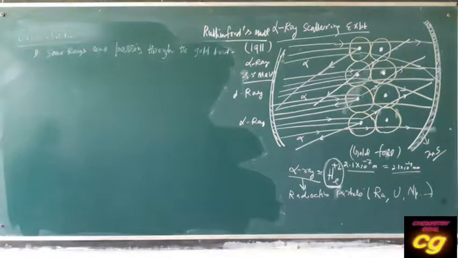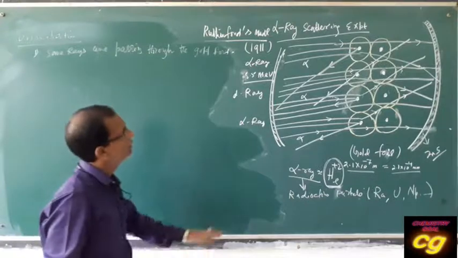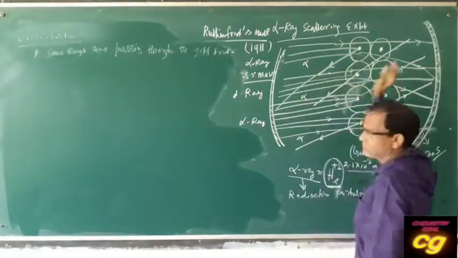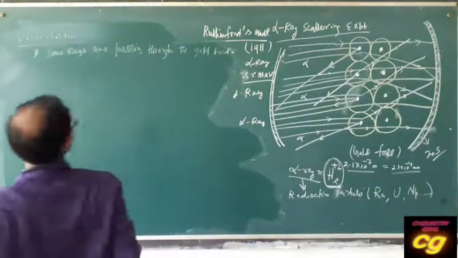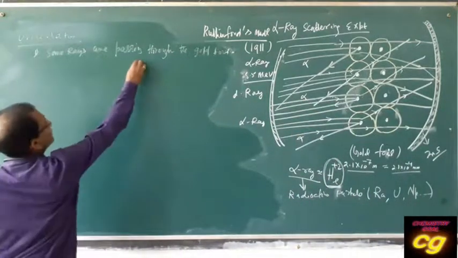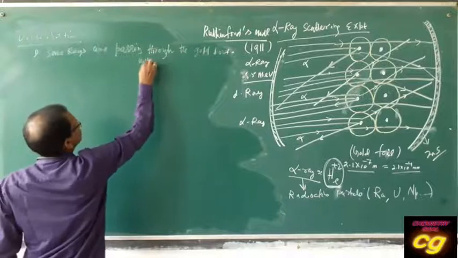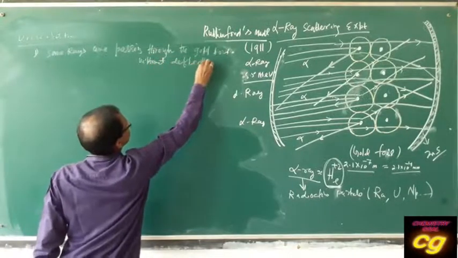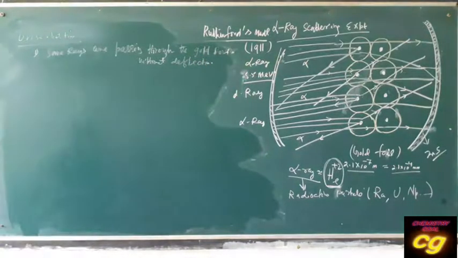Some rays are passing through the gold foil, means they are passing straight. Some rays are passing through the gold foil without deflection.